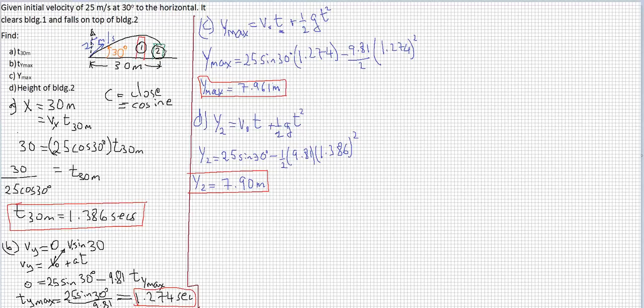Full range happens only when you do not have any obstacles in between. Basically this would be the full range. And the equation of the range is R is equal to v squared sine 2 theta over g.